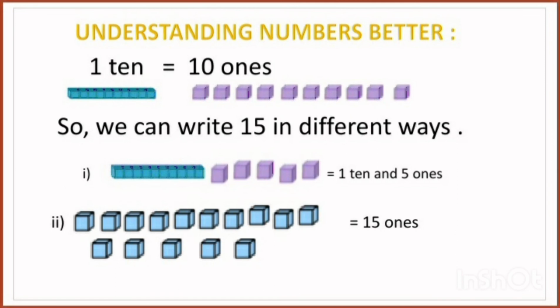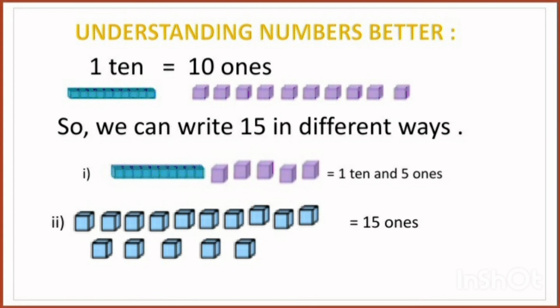Now, when I have the number 15, then we can write it in different ways. See the first way to represent 15: that is 1 ten and 5 unit cubes. In the pictorial representation also you can see one stack of tens is given and 5 unit cubes are given.